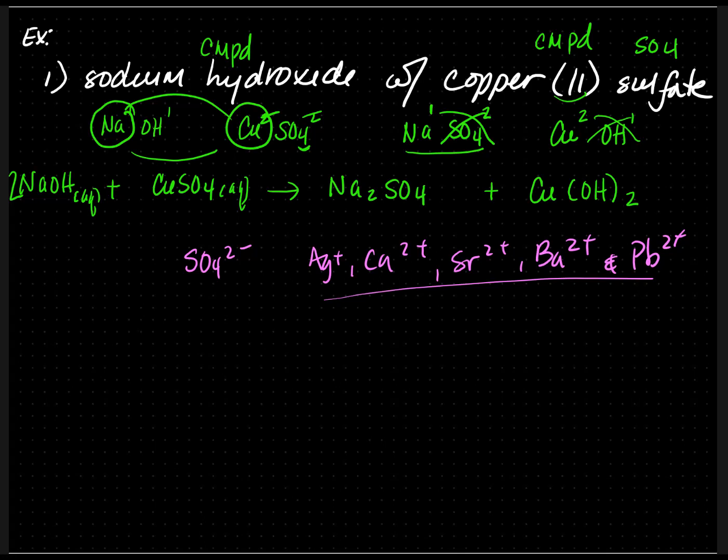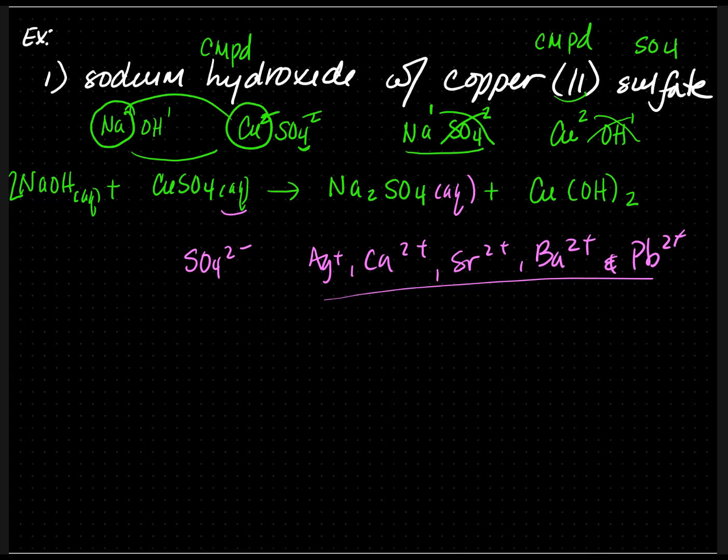So with these 5 ions, it will always be a solid. Since copper is with sulfate, it is AQ. Sodium sulfate is also aqueous. The other way you could do that is anything with group 1 in general except for hydrogen is always soluble.